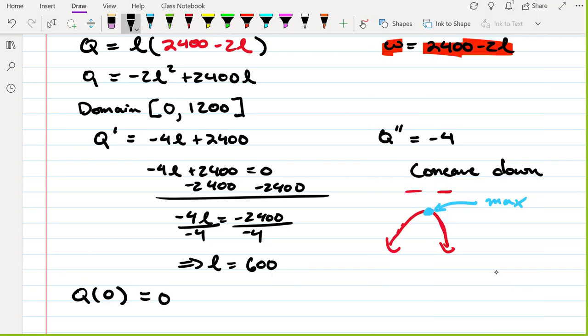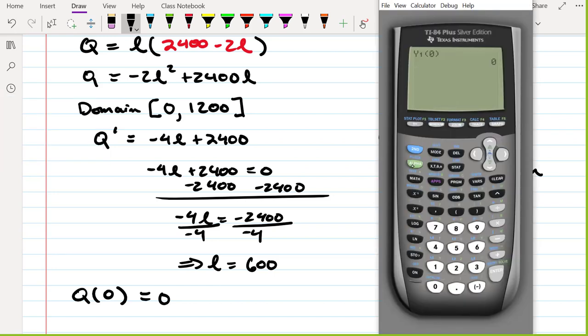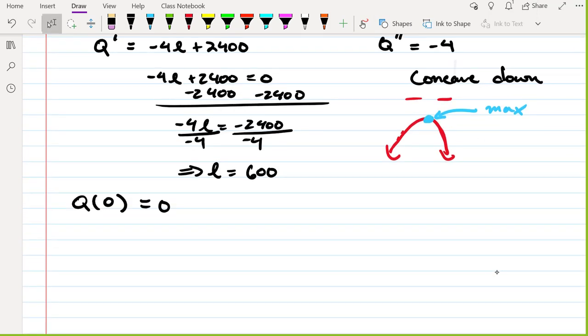And I need to test 600, so we put in 600. And that gives us 720,000.